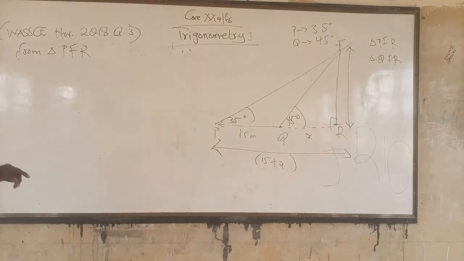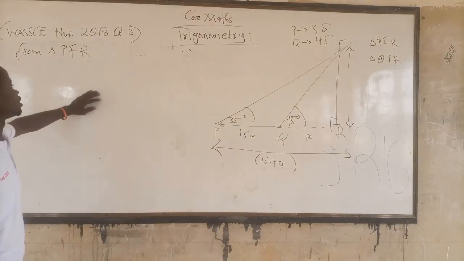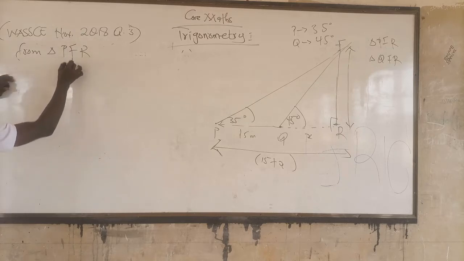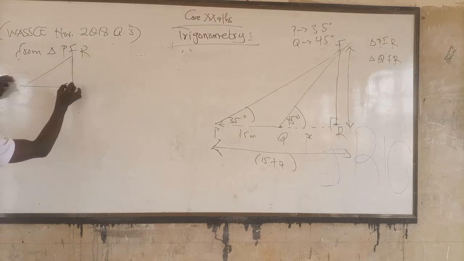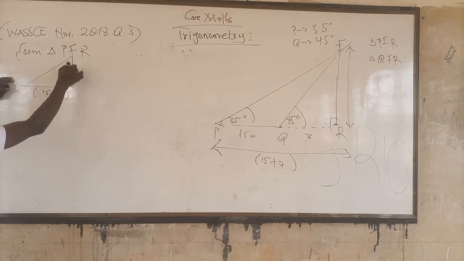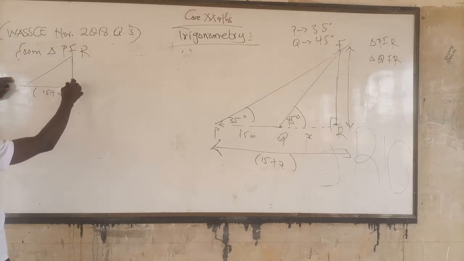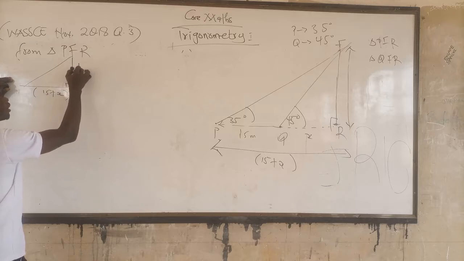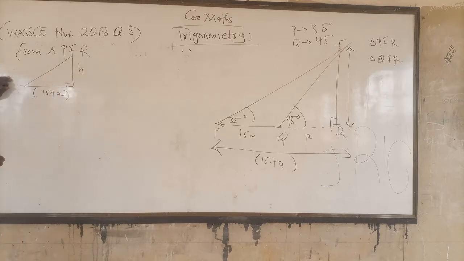Alright. Let's continue. So now, from what we have here, the bigger triangle will be something like this. So here is 15 plus X. Here we don't know, so let's call it H. We know the angle, which is 35 degrees. So which formula will relate the height and the adjacent?